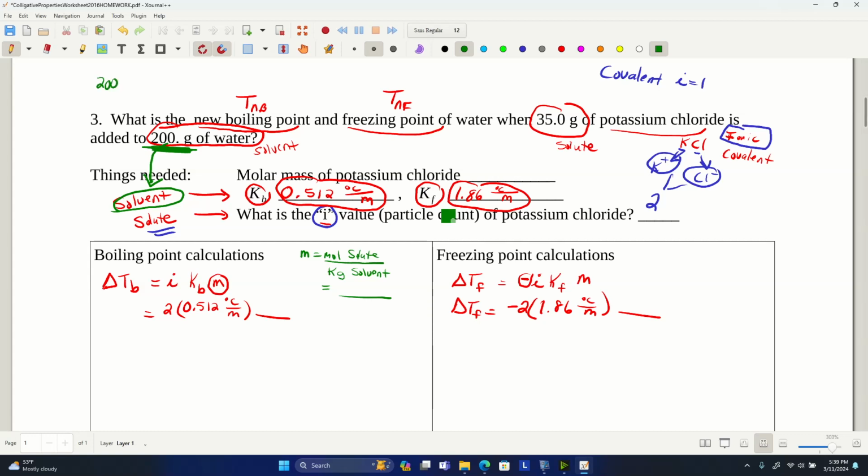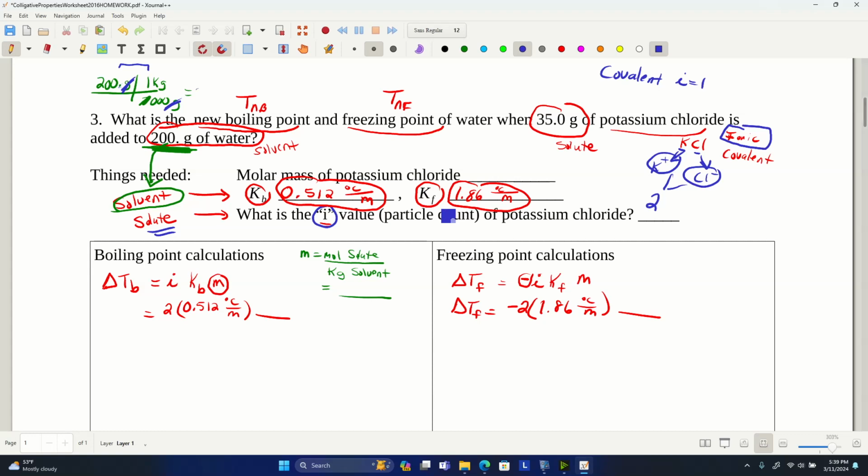We have 200 grams. So 1 kilogram is 1,000 grams. Remember that conversion. We're going to cancel out our units. Grams cancel with grams. You need to write this down, the conversion. You got to show the conversion.